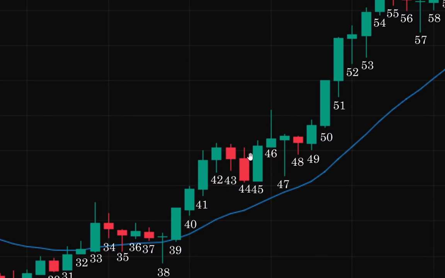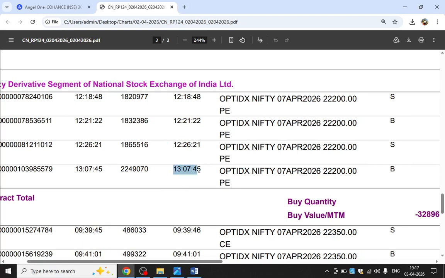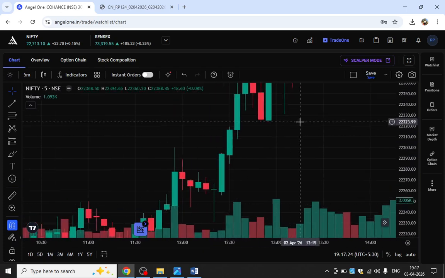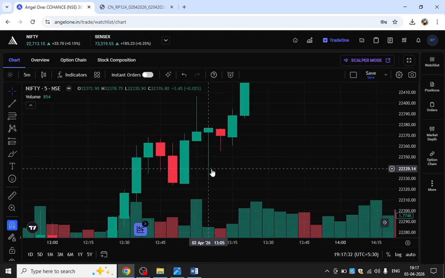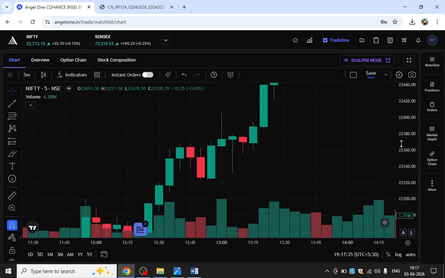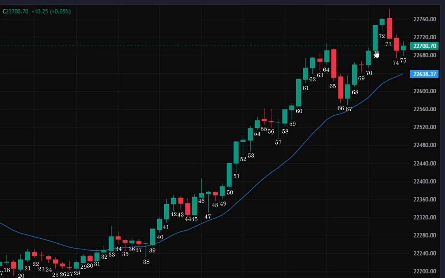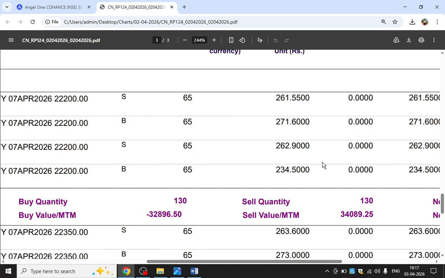So you can enter at this level also, but this is a very choppy level, and on this bar 47, at 1:07, I got confused and somehow I got out of the trade, and then I didn't trade for the rest of the day because I was worried that my price might get down, but I missed the whole leg, and as you can see, I just made 14 rupees.